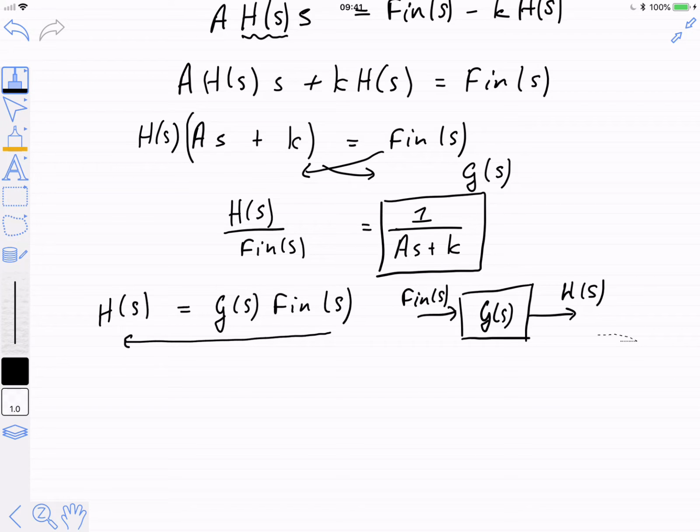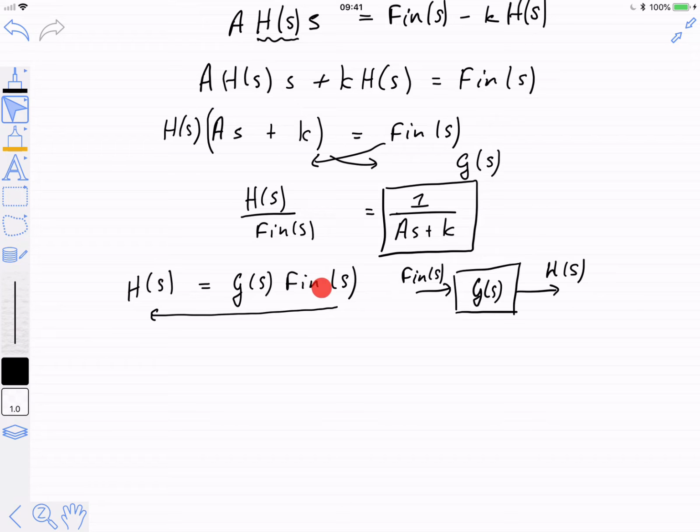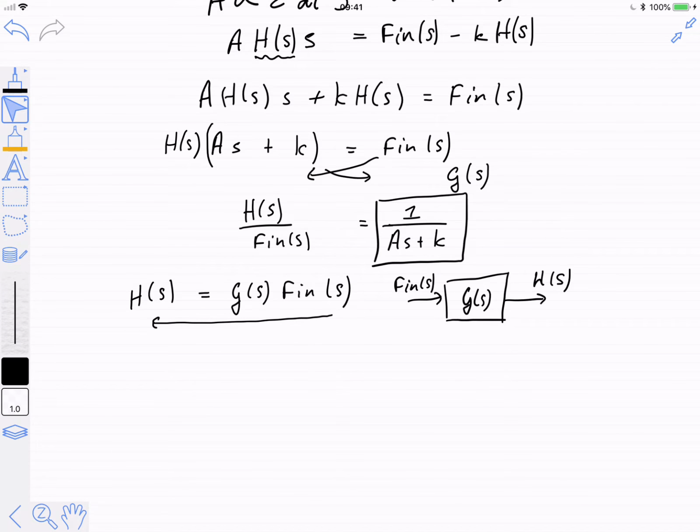You'll see that everything in the transfer function came from the differential equations representing the system, while everything in these signals, so this and that, we often call signals, just because it comes from a little bit of electronics, but let's call them the variables. These variables F_in of s and H of s have been separated out of this problem.